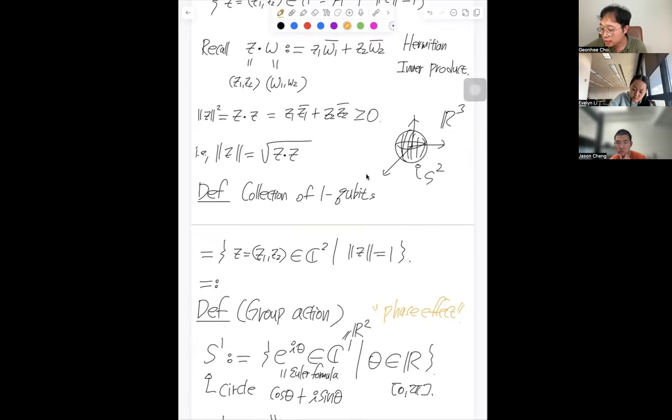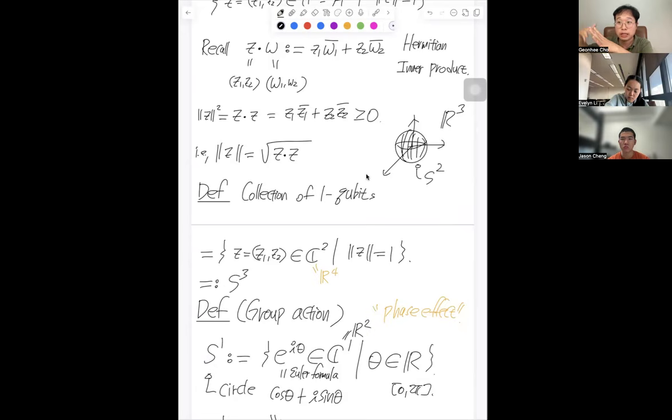Now, I assume you know what I'd like to ask. You can see that this can be identified as R4. So we are going one dimension higher, and we still collect the unit vectors. Then what should be the correct notation here? S3. So now this is a three-dimensional sphere. I want you to think of this intuition step by step. You start from R2, unit vectors, circle.